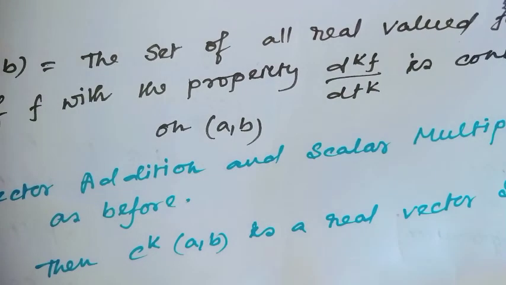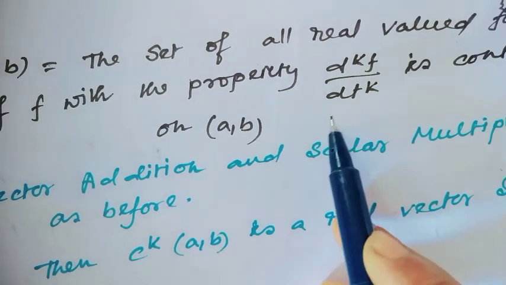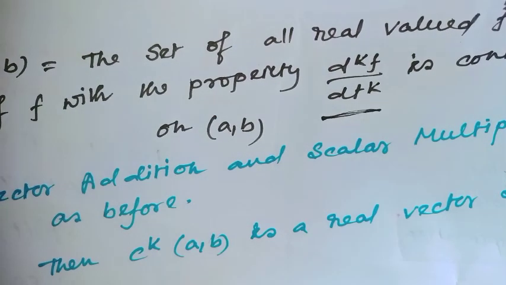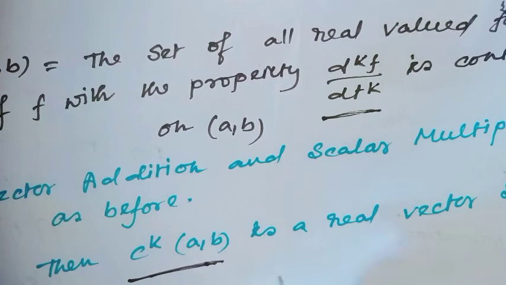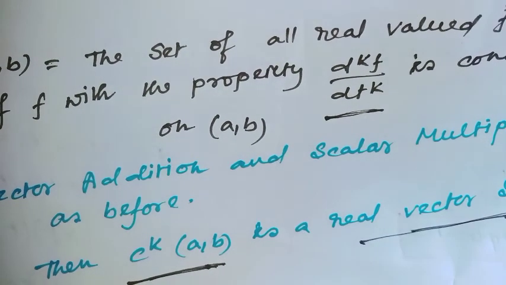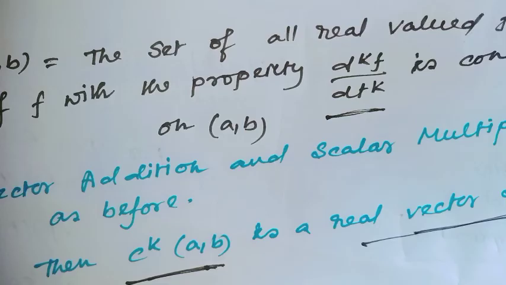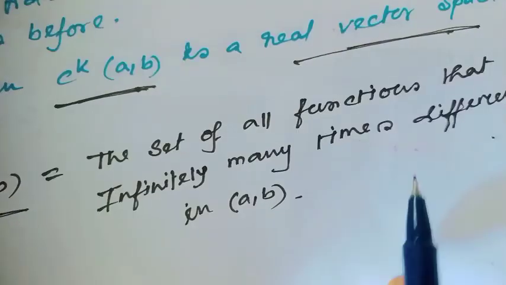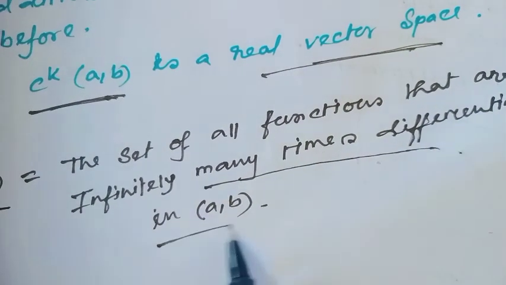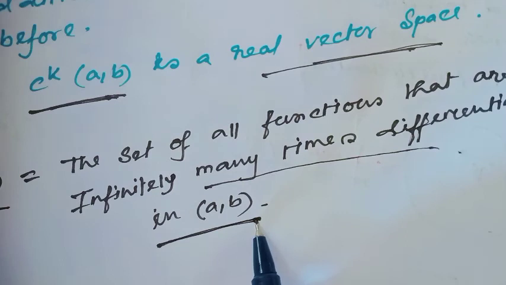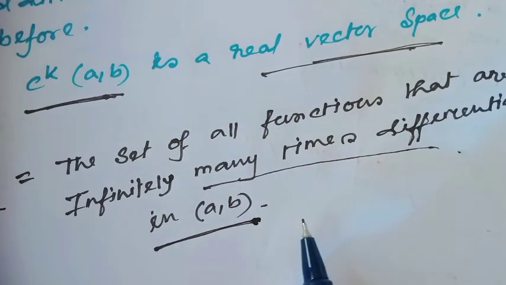So the set of all real valued functions defined as C^k[a,b], with the property that the kth derivative is continuous, is always a real vector space. Are you getting? Similarly, C infinity(a,b), that means the set of all functions that are infinitely many times differentiable in the open interval (a,b). This is a similar type of question, so this is obviously a vector space.